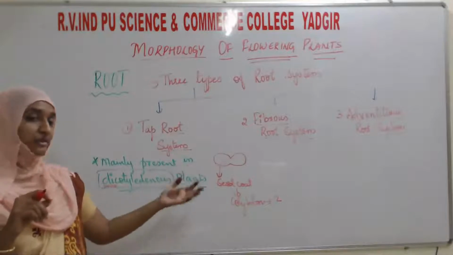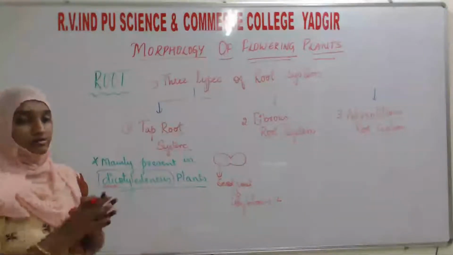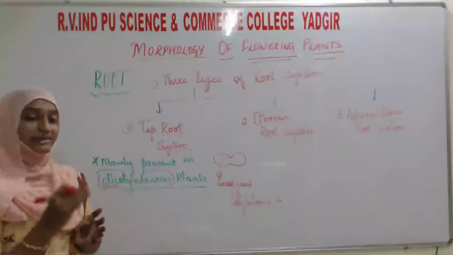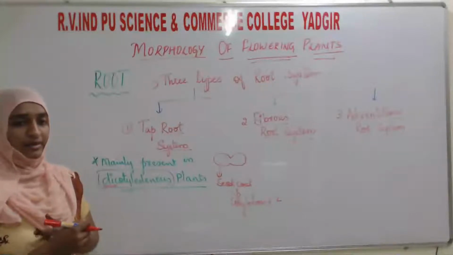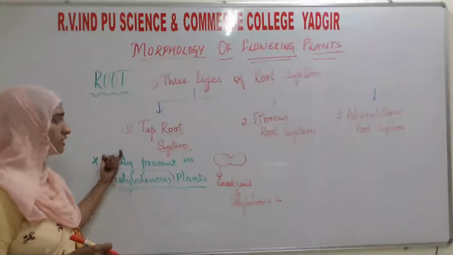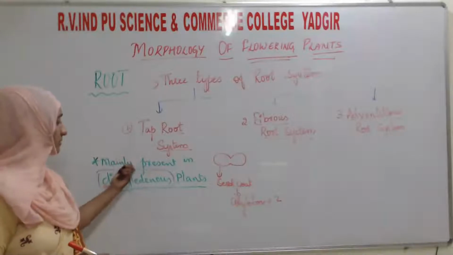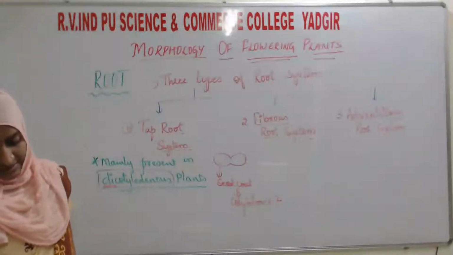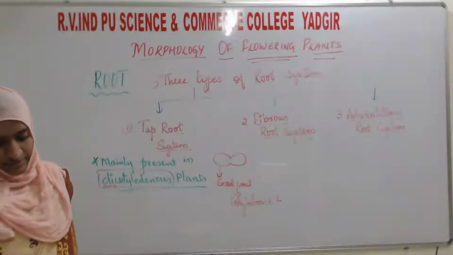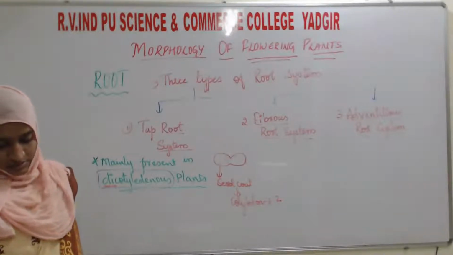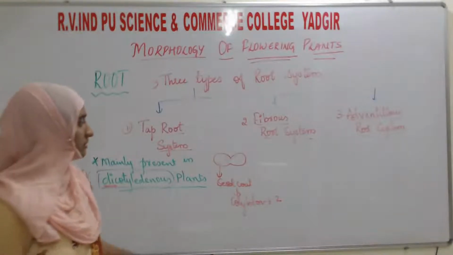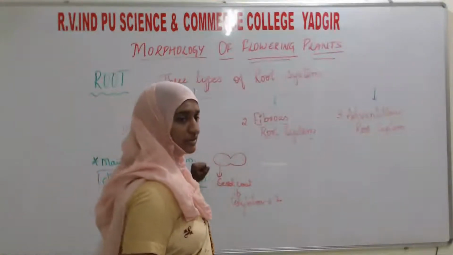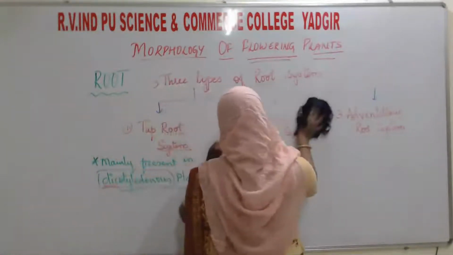Next we will see which type of root system is present in the monocotyledonous plant. First, the taproot system is mainly present in the dicotyledonous plant. The second point, I will explain later. First we will see about the taproot system.